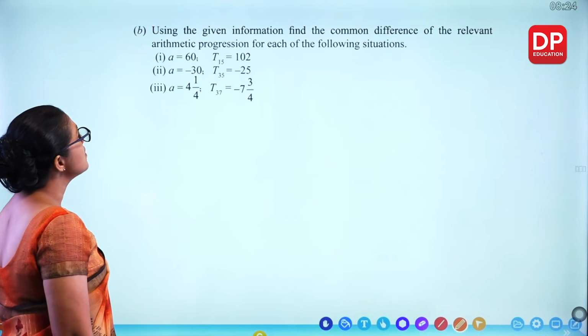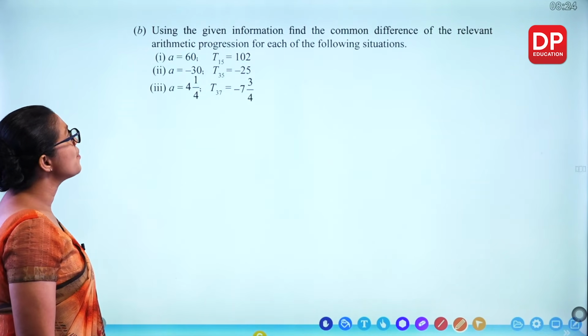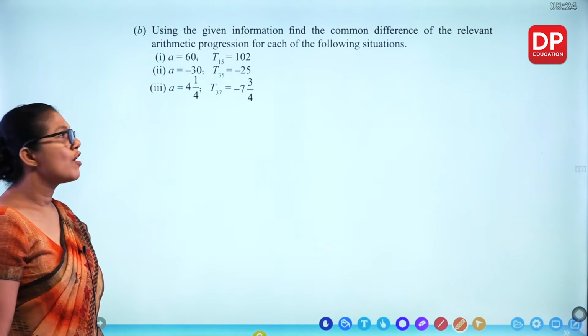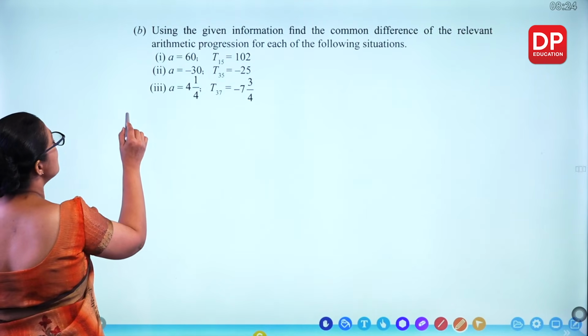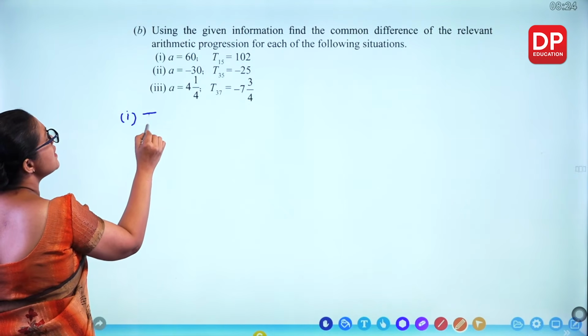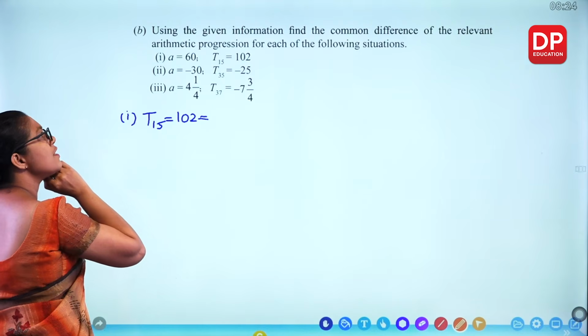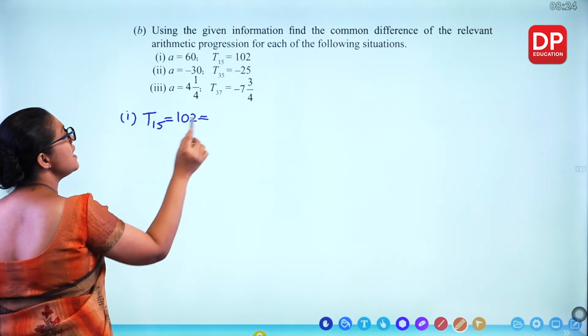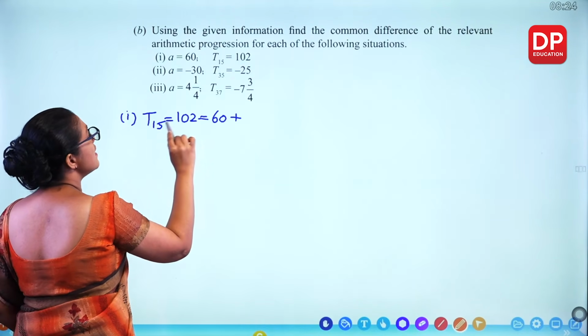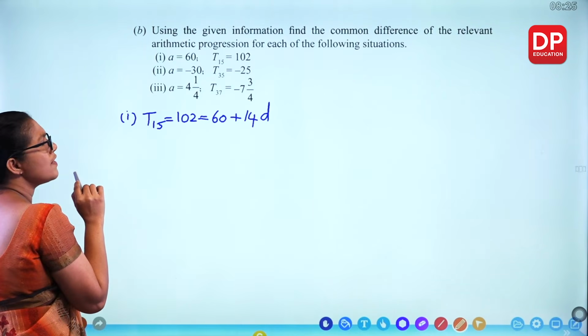Part B. Using the given information, find the common difference of the relevant arithmetic progression for each of the following situations. So we'll first do the first part. T15 given as 102. What is T15 in terms of A and D? 60 plus n minus 1 is 14 D. Now solve the equation.